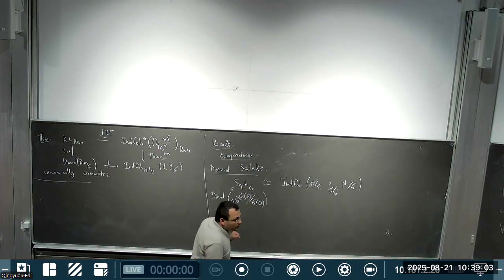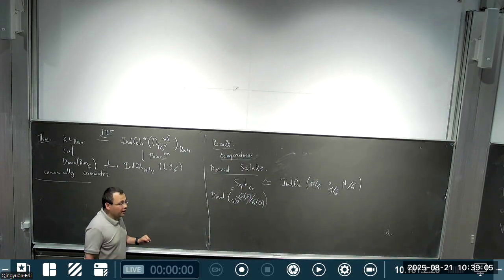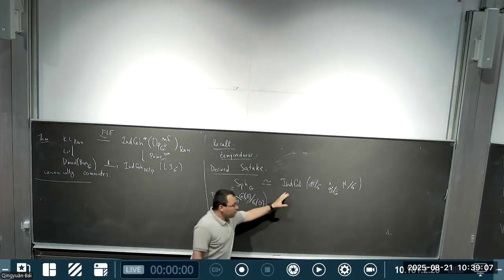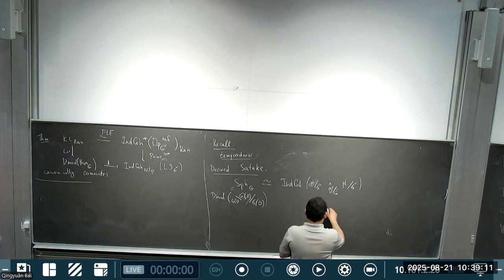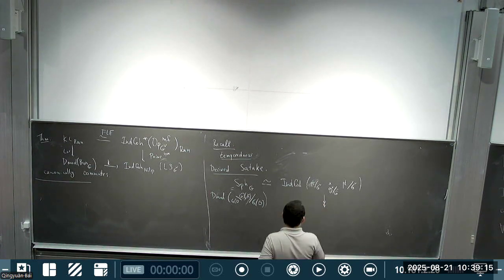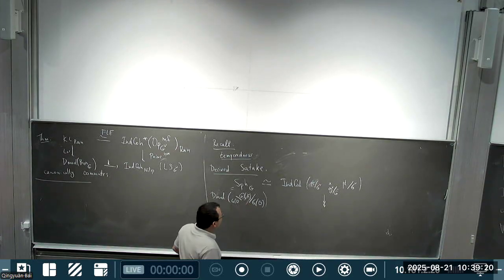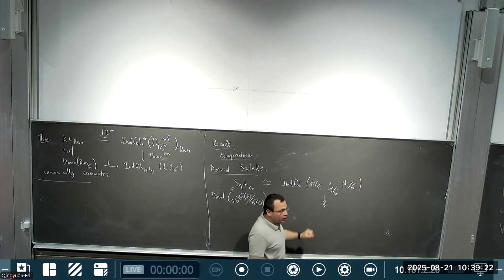These are, at least, monoidal categories. More than that, but for now, monoidal categories. And this particular category has a monoidal localization too, where I replace ind-coherent by quasi-coherent.